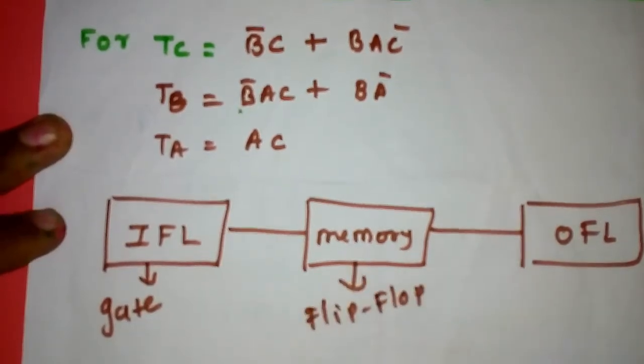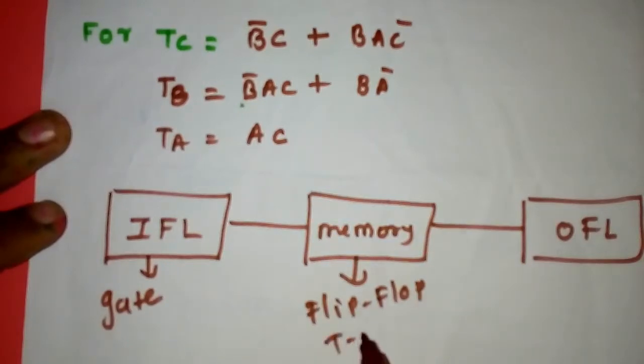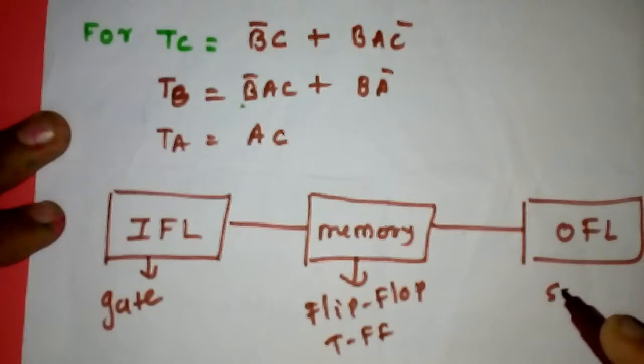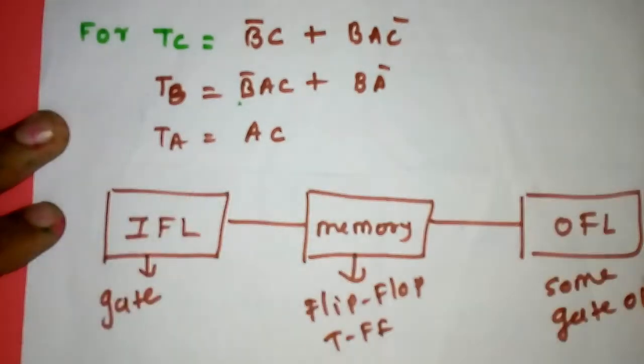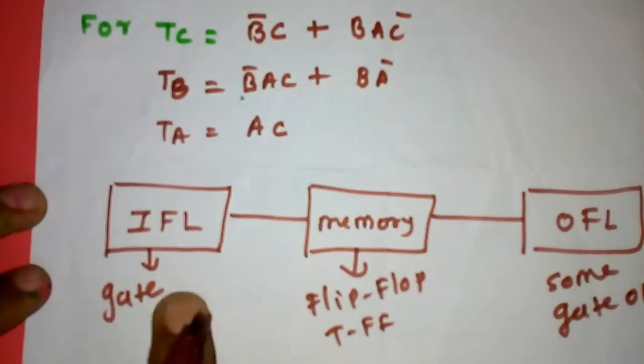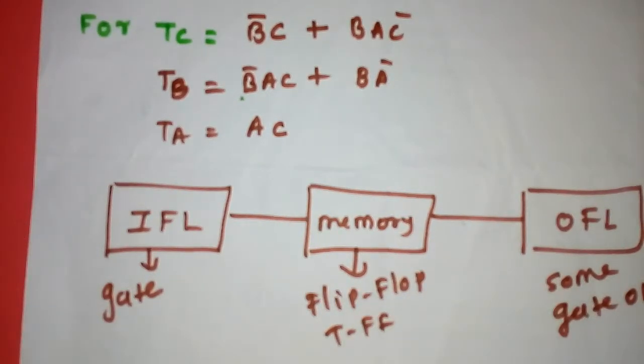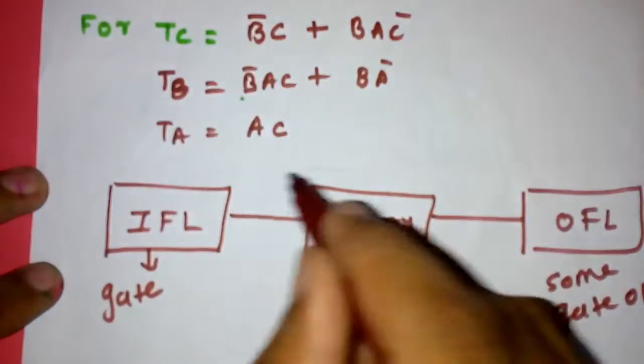In this example we require T flip-flops; and output forming logic means some gate outputs. So this is the block diagram of synchronous counter circuit design. According to this block diagram we define the circuit using these equations.